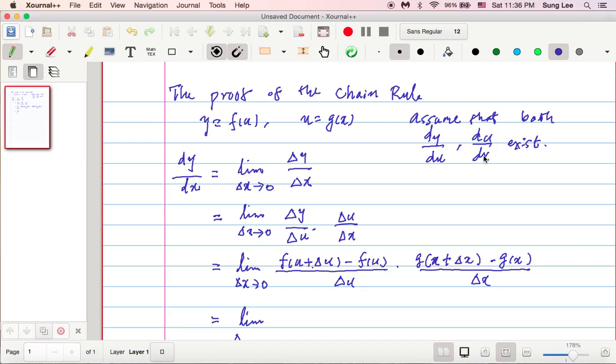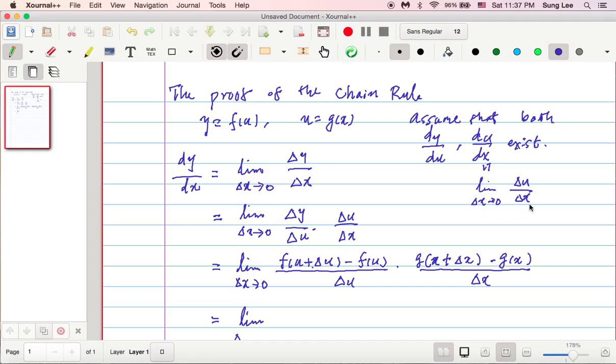y as a function of u and u as a function of x, they both are differentiable. So since du by dx exists, that means when delta x goes to 0, delta u must go to 0 also. Otherwise, du by dx wouldn't exist. This guy here equals limit delta x goes to 0 of delta u over delta x.